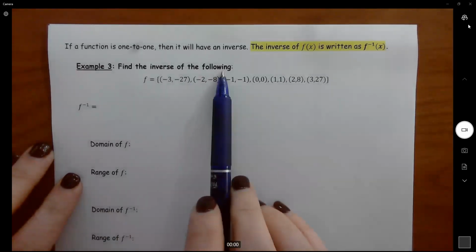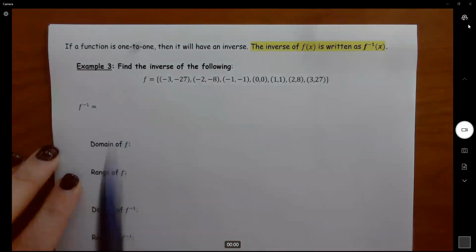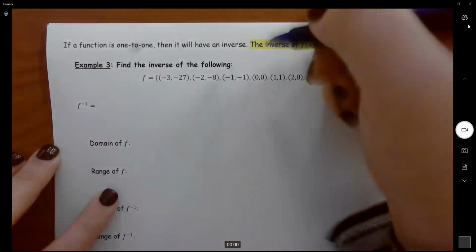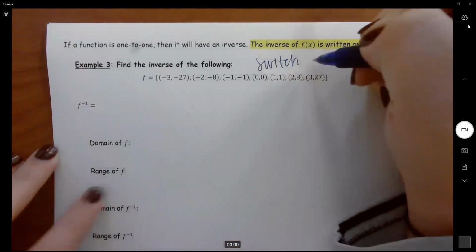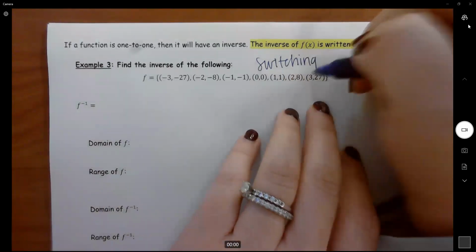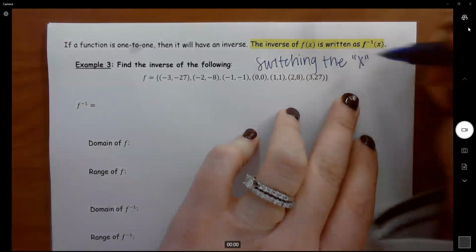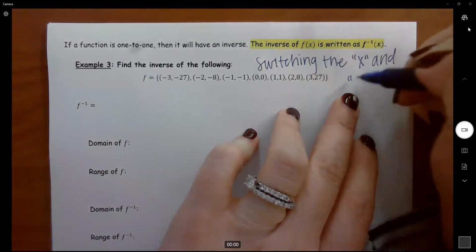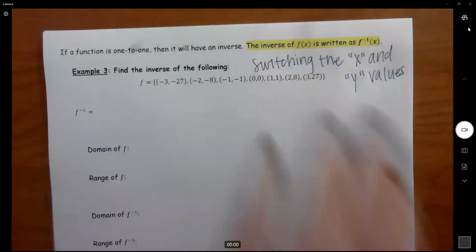So we need to find the inverse of the following points here. And so we have f of -1. When you find the inverse, all we are doing is switching the x and y values.